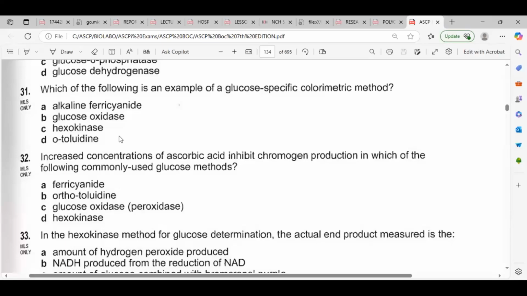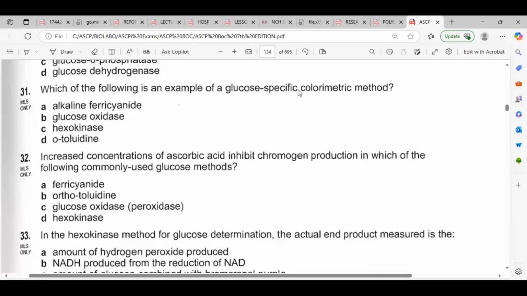I thought a chromogen is the colored compound. No. A chromogen is something that gives a color after a certain reaction. For example, we may add something that is colorless, because we want to test if hydrogen peroxide is there.